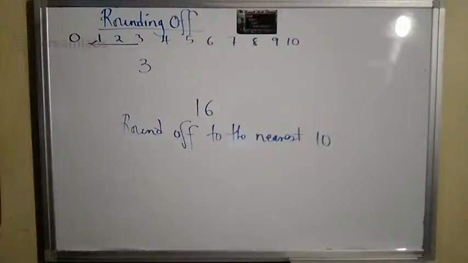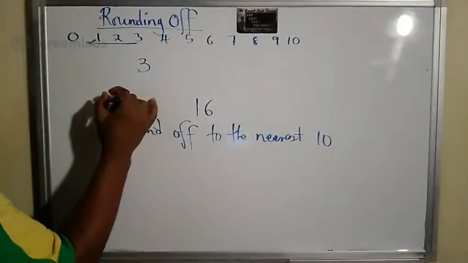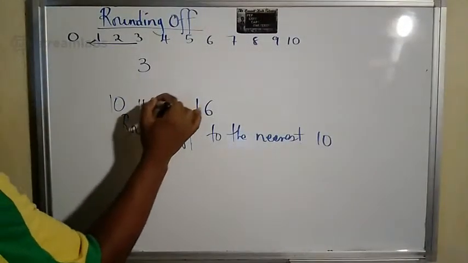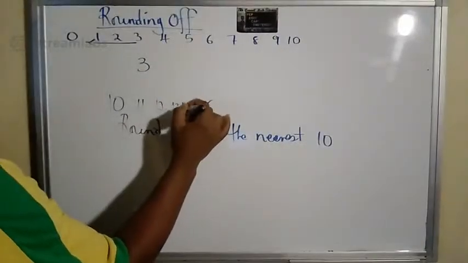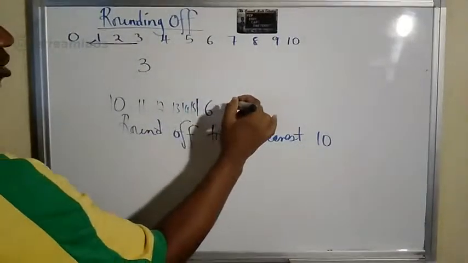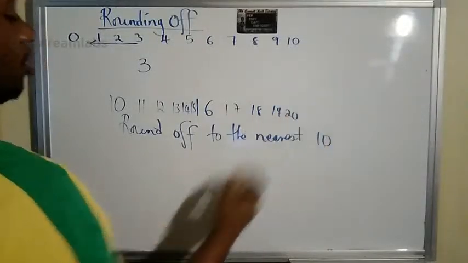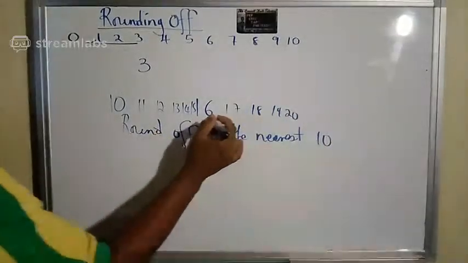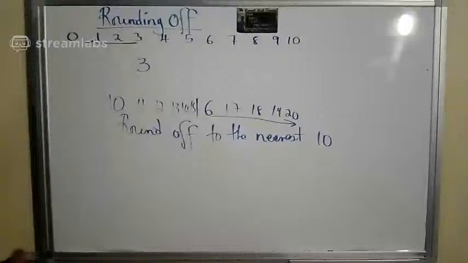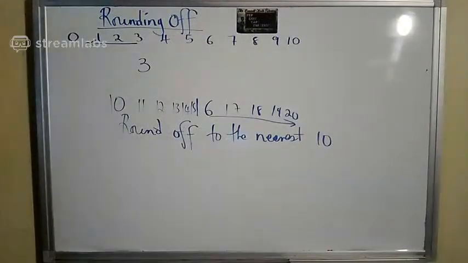You see, 10, 11, 12, 13, 14, 15, and then you have 17, 18, 19, 20. So it's actually the position. So 16 is nearer to 20. So that's how I come up with the rule.